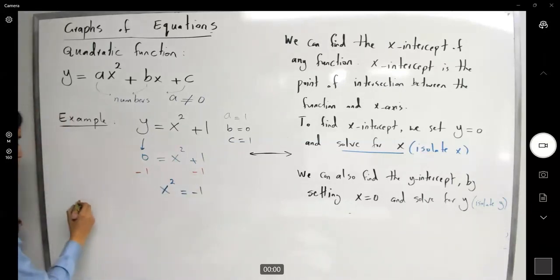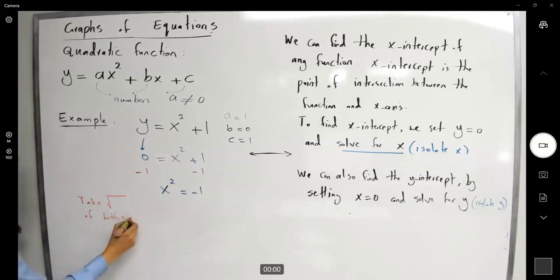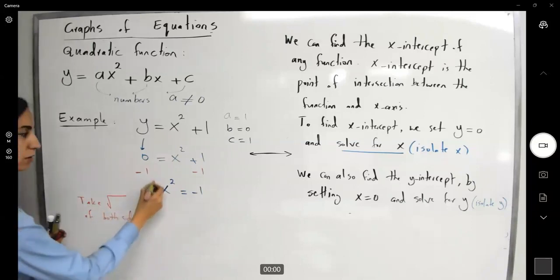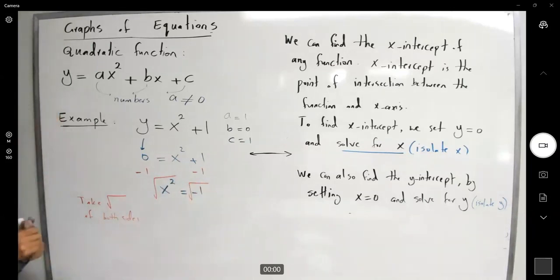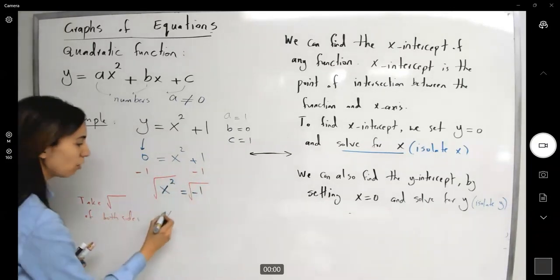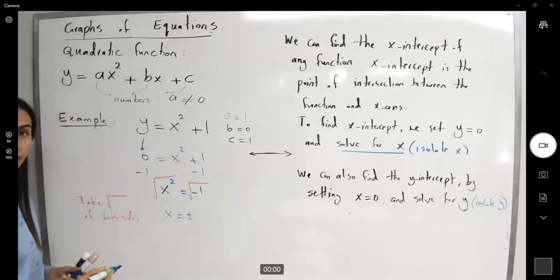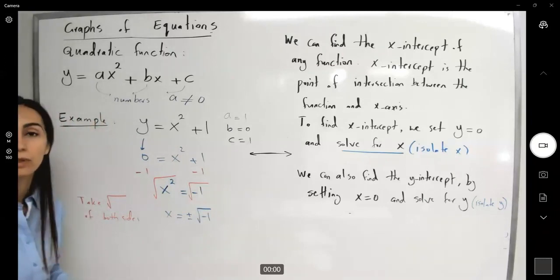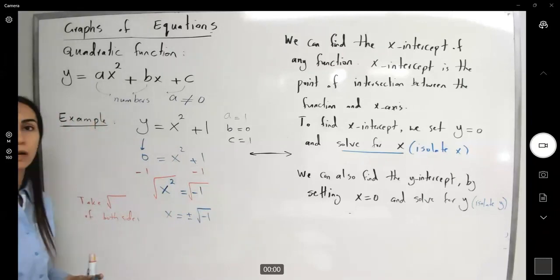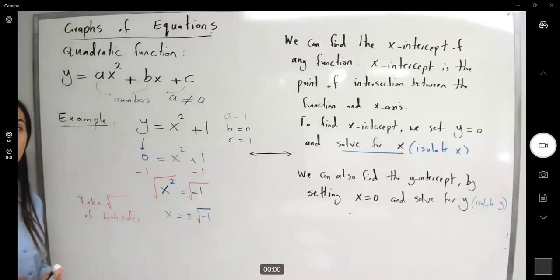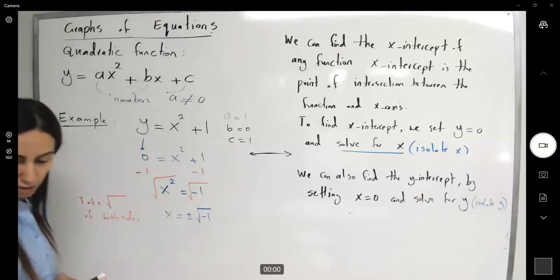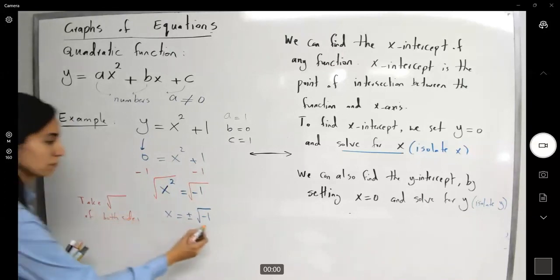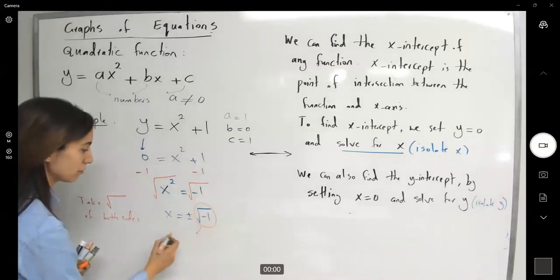Now take the square root of both sides, all right? So if I take the square root of both sides, what happens? It happens that x is equal to plus or minus the square root of negative 1, which is a complex number. Guys, we're going to talk about complex numbers in the chapter related to quadratic functions. So, complex solutions.